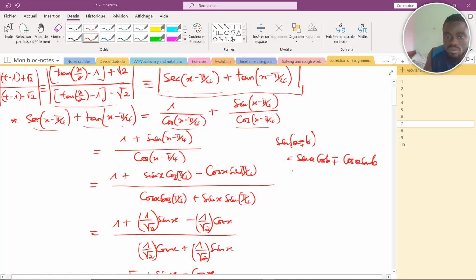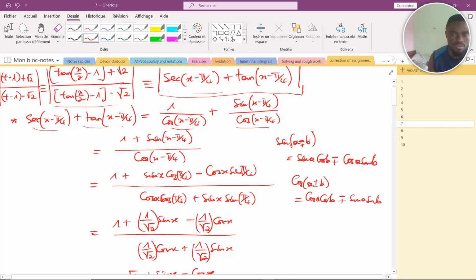Is that okay? But for the formula of cos of a plus or minus b, the formula is what? Cos a cos b, the sign now changes, minus here and plus under, sine a sine b. Is that okay?